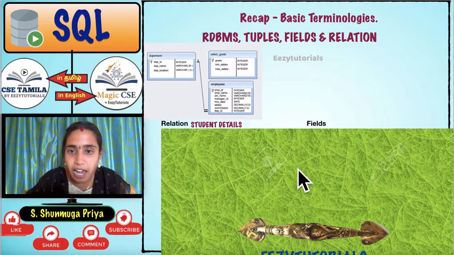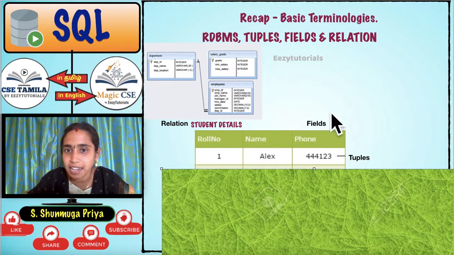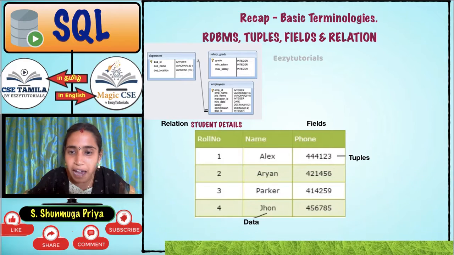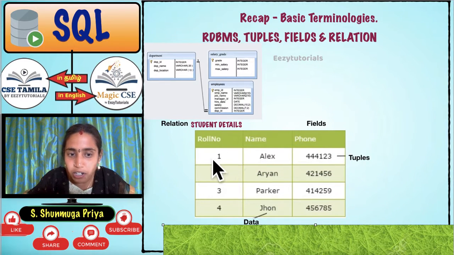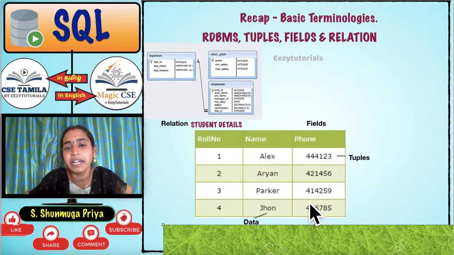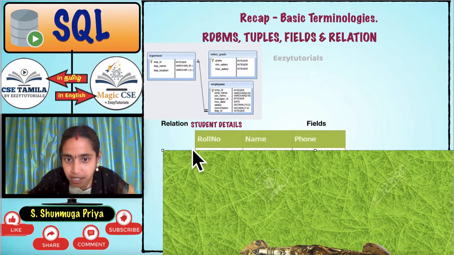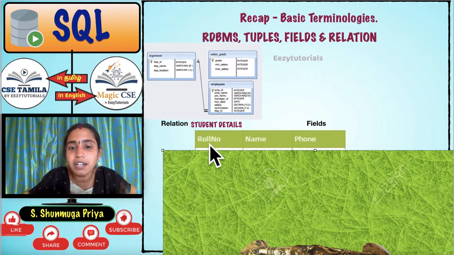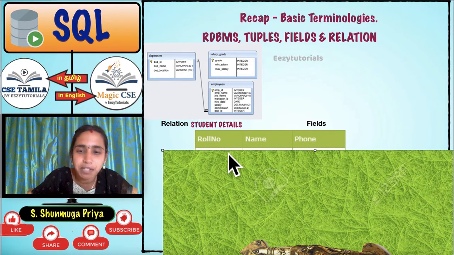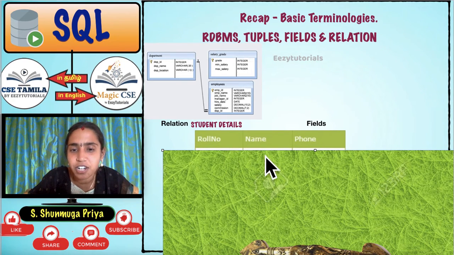We saw this slide, no? Here I am having a table. What the contents in the table are will not be taken care of by DDL. Only the structure: this is a table with 3 columns, and the data type of name is varchar. For roll number it is int or number, something like that. Only the structure, the data type, the constraints, everything.